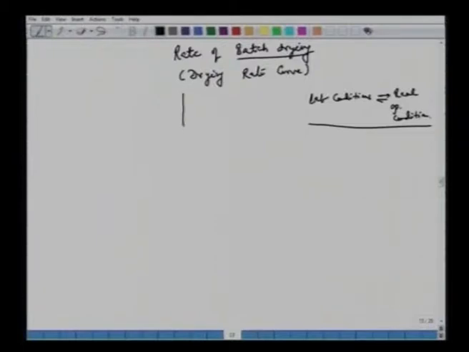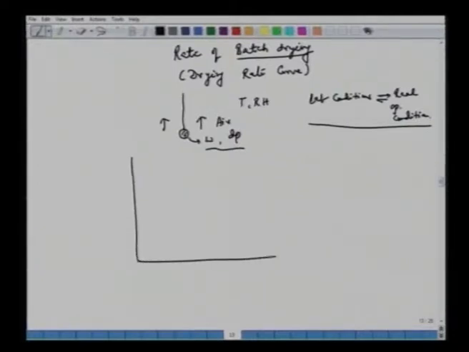So what we will do here: we have a solid and we monitor its weight loss. There is a certain flow rate of air, temperature, relative humidity, initial weight, certain diameter, certain type of solid, everything is fixed here. If we monitor its weight loss, we should expect this type of curve.